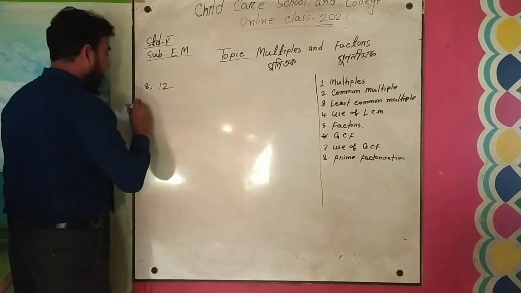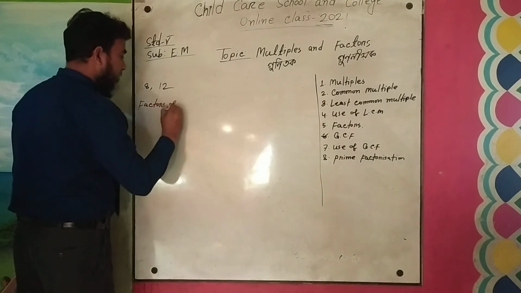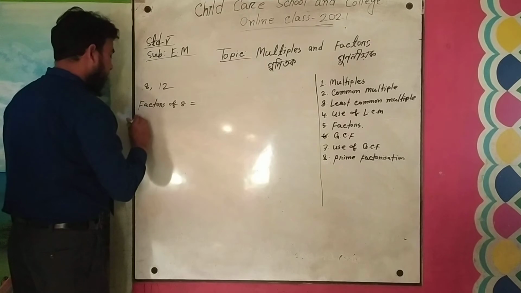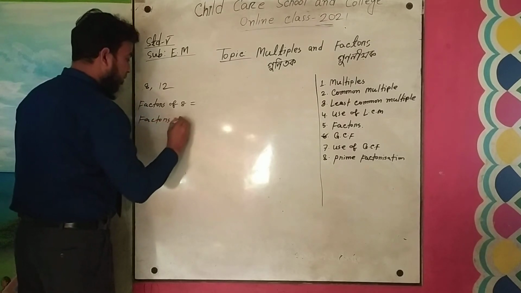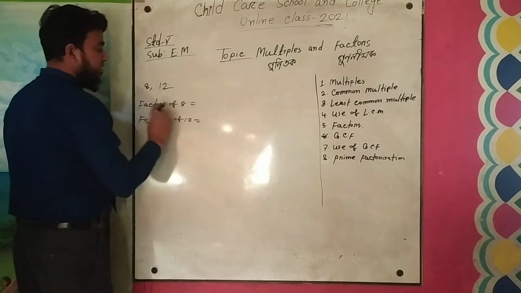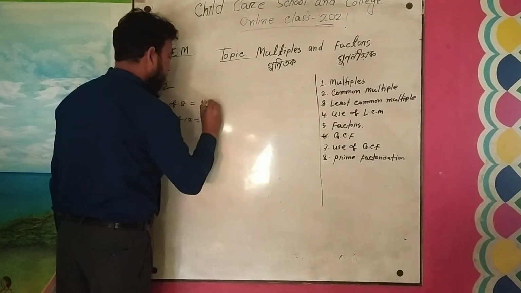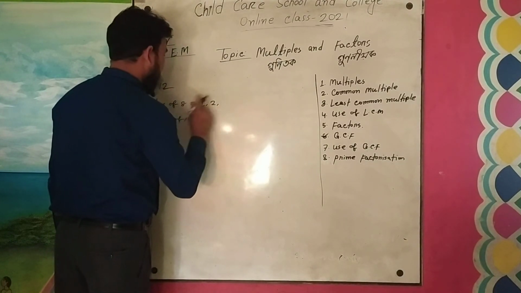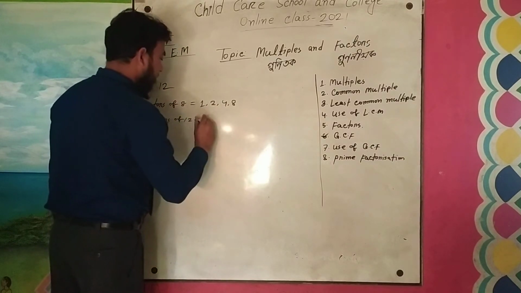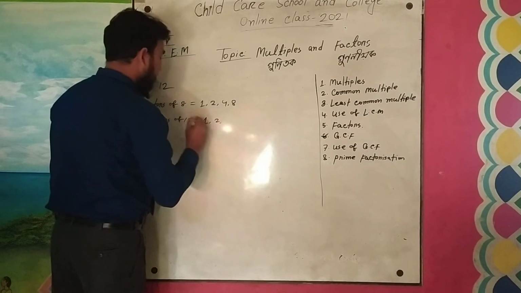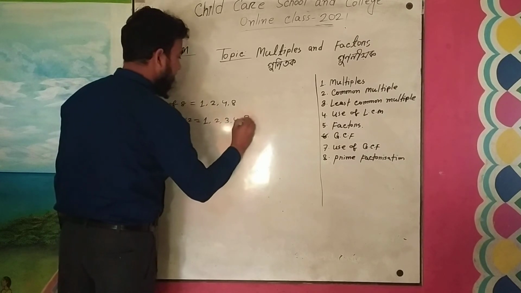At first we write factors of 8 equal to, factors of 12 equal to. At first write by which numbers we can divide 8. We can divide by 1, 2, 4, and the last one is 8. And for 12: 1, 2, 3, 4, 6, and the last one is 12.